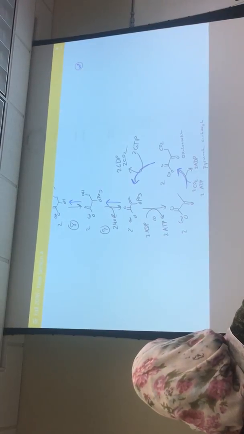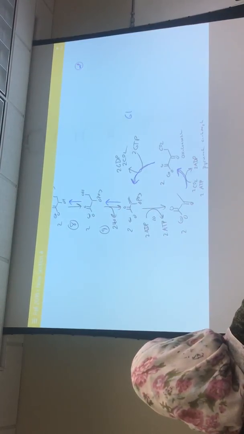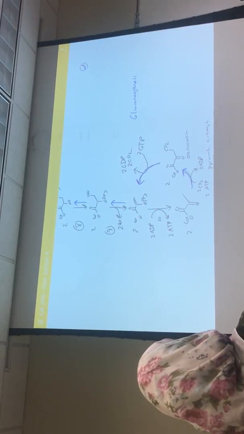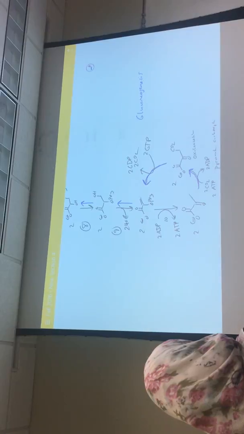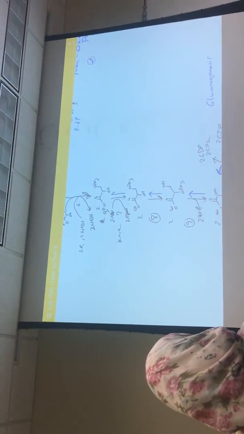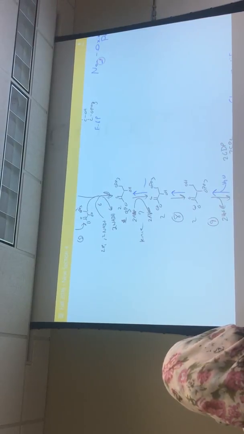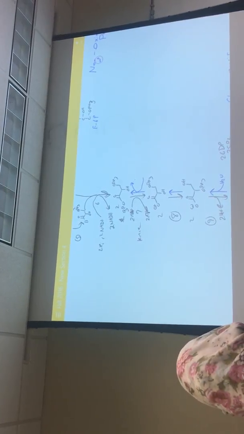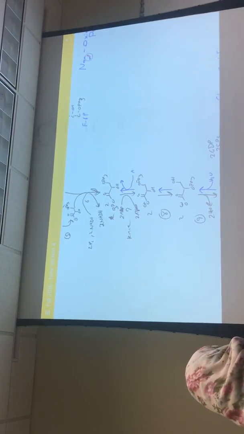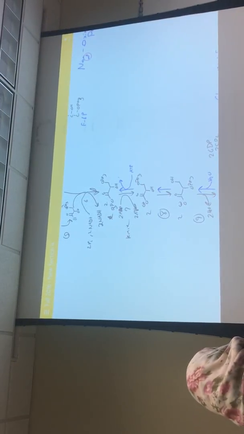So gluconeogenesis. If we were in the liver, it can do the reverse. And all you do is just draw the arrows in reverse. H2O went in, or came out, H2O goes in.